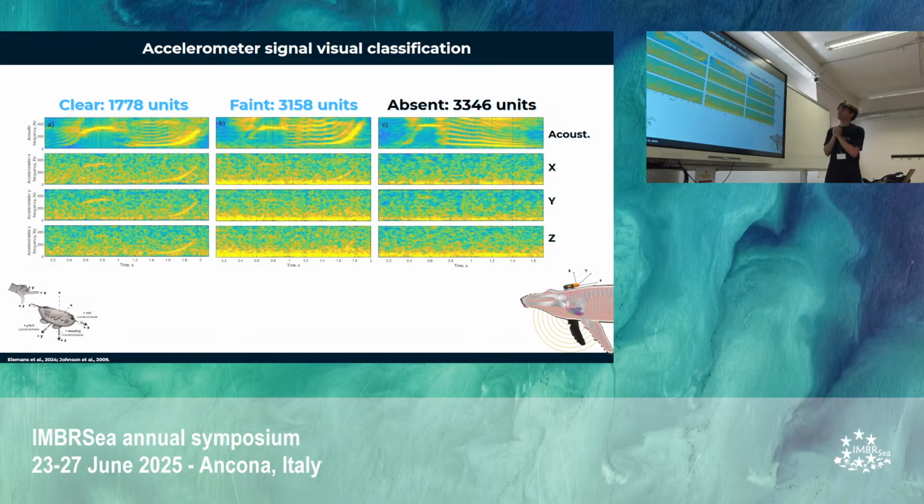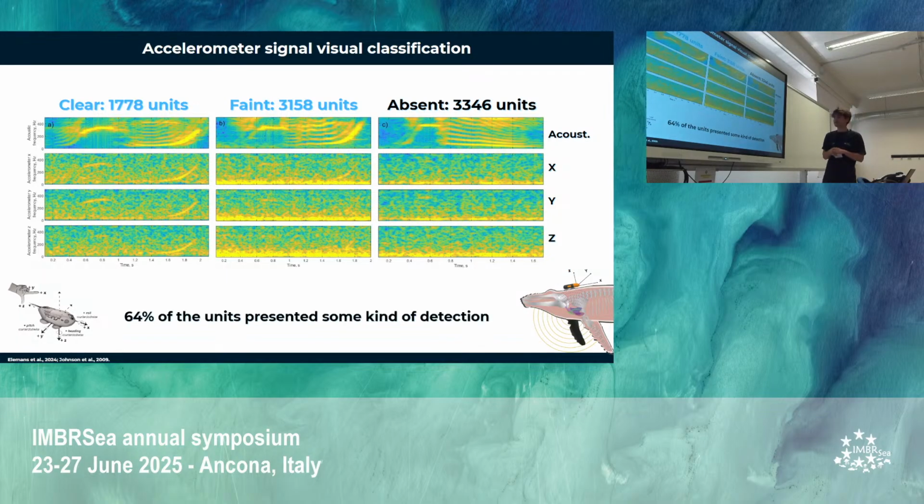Here we divided detectability into 4 categories: clear, where you can see this pattern repeated on the accelerometer spectrograms; faint, where you can see a lot of background noise but still a little bit of the structure of the call; and absent, where you don't see it at all. In total, 64% of all units presented some kind of detection, either clear or faint.